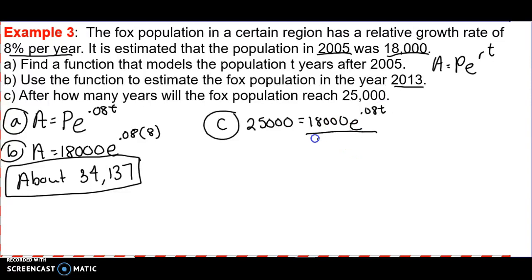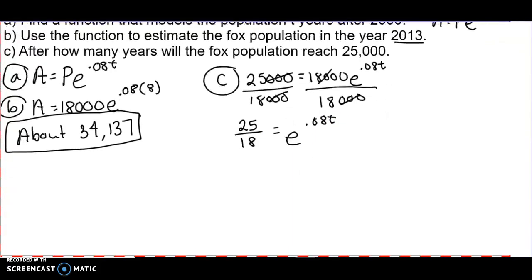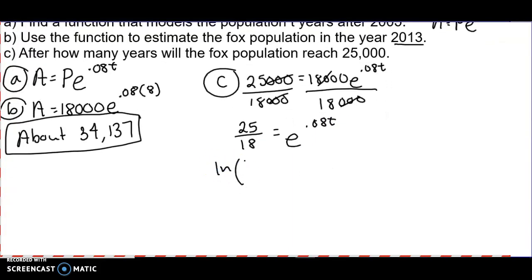So we divide by 18,000 on both sides. We get 25 over 18 equals e to the 0.08t. Go ahead and take the ln of both sides.